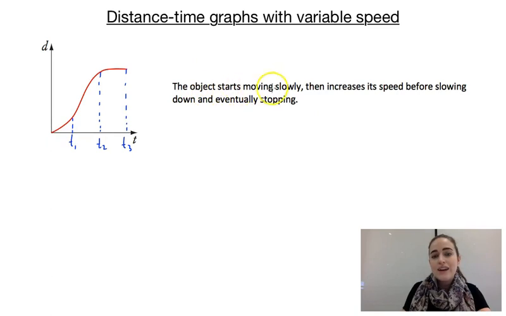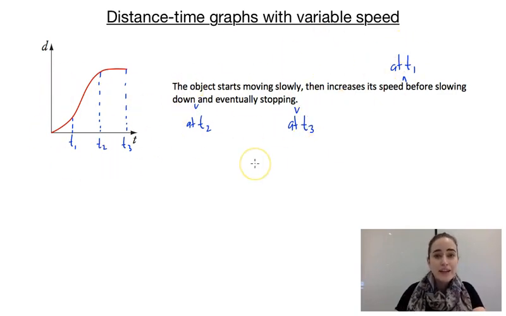So we can say it starts moving slowly, then increases its speed at T1, so that's where that curve kicks in and it starts getting faster, before slowing down at T2 and eventually stopping at T3. So the more information you're given, the more information your answer is expected to have.